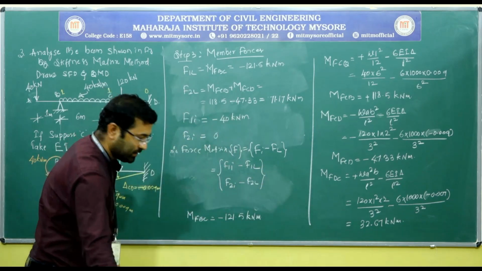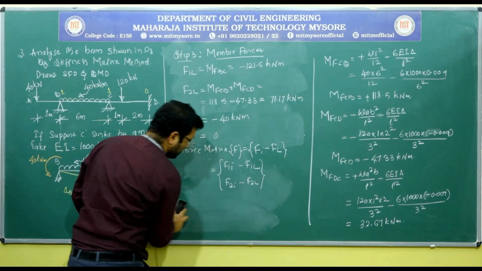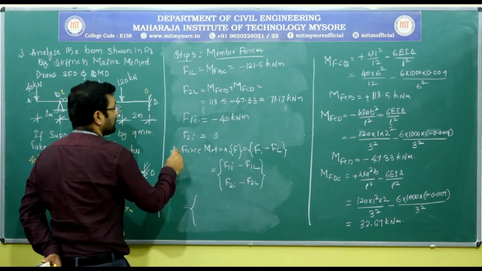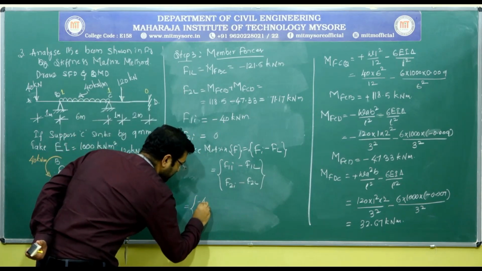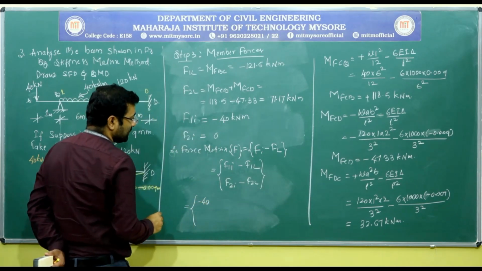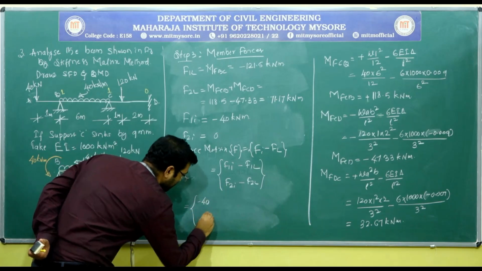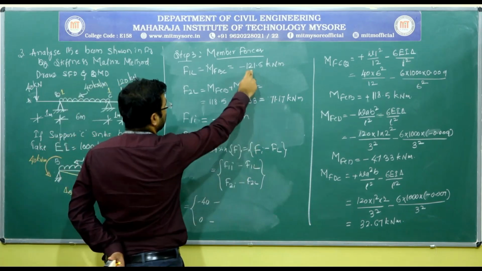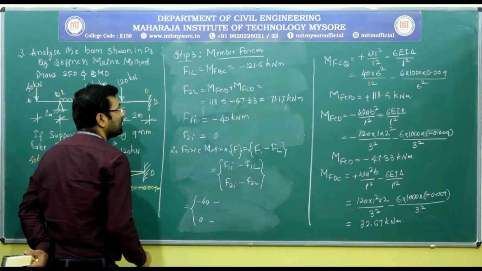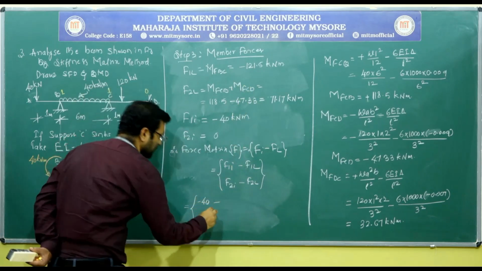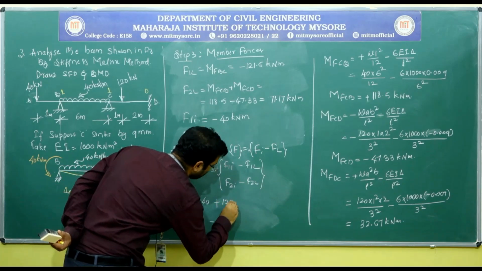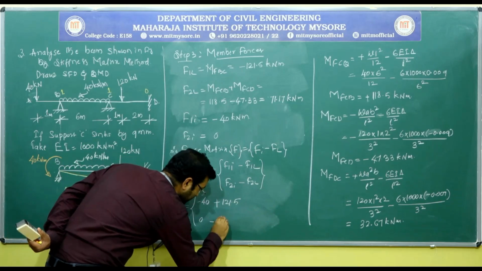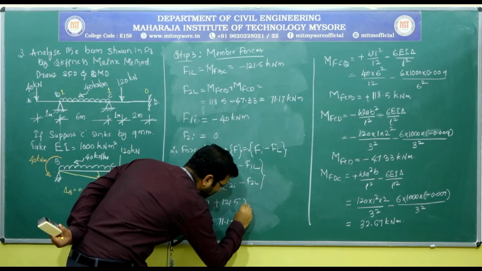Further, if I substitute the values here, F1I is minus 40, then F2I is 0, minus F1L, which as per our calculation is minus 121.5, and minus of minus becomes plus 121.5, then F2L is 71.17.